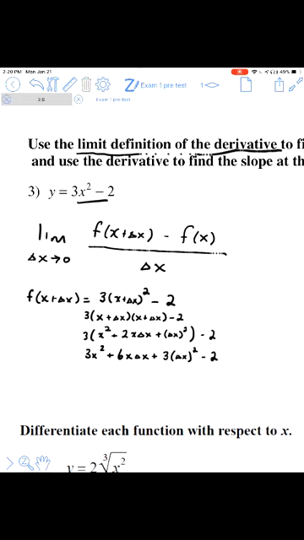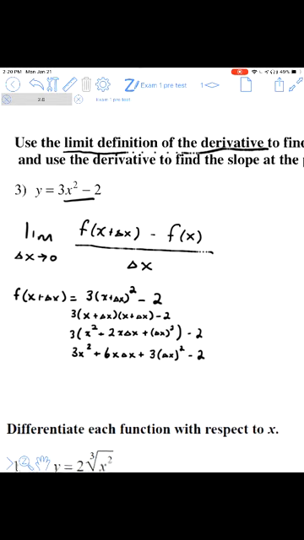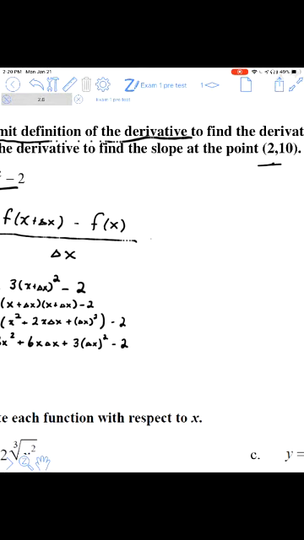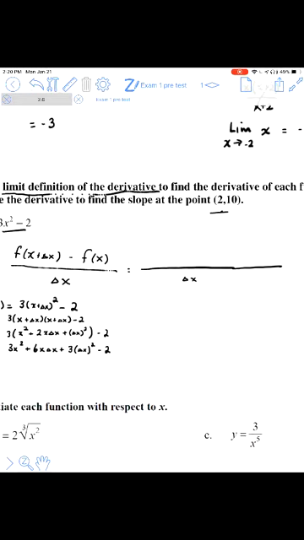And then f of x, we already know that f of x is equal to that. So come over here, got the delta x there in the denominator. F of x plus delta x, this expression right here, just going to replace with that expression there.